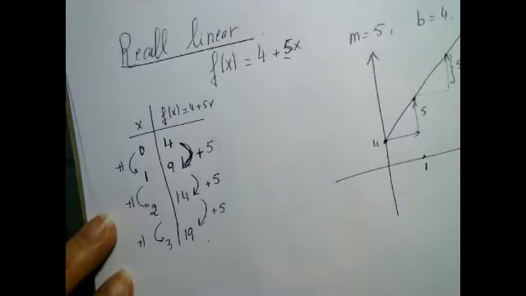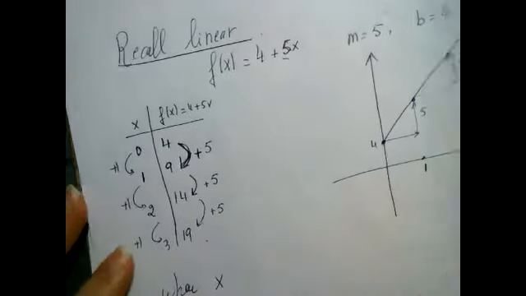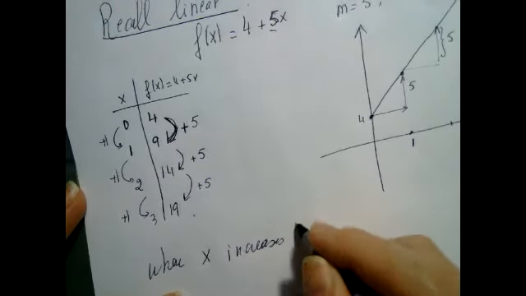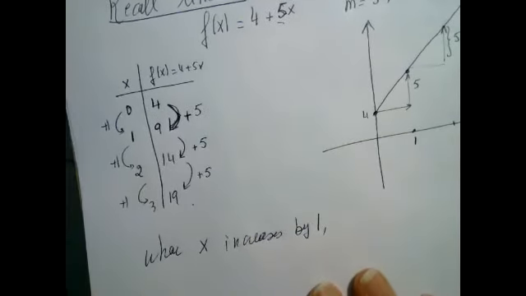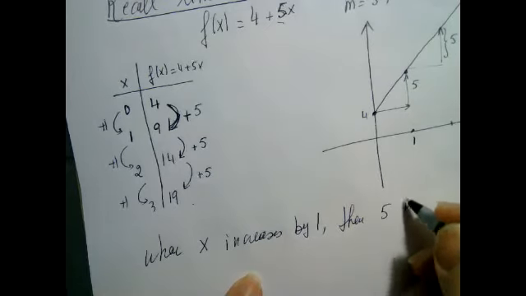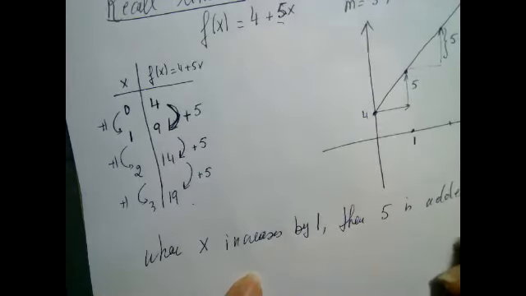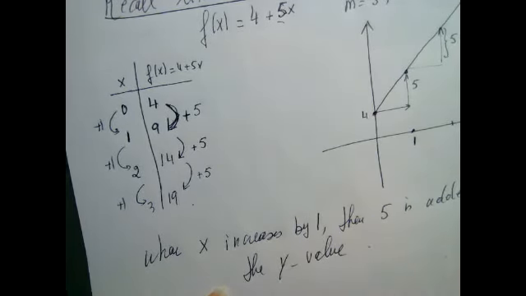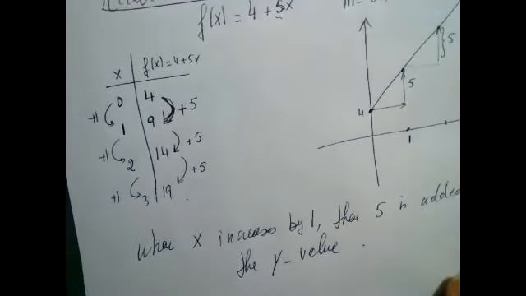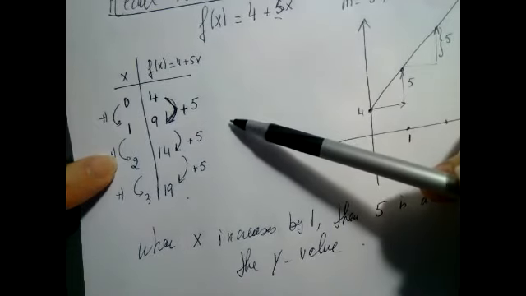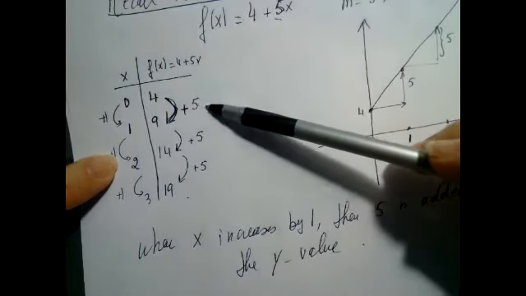So in a linear setting, every time x increases by 1, 5 is added to the y value. Whenever the input increases by 1, the output increases by 5.